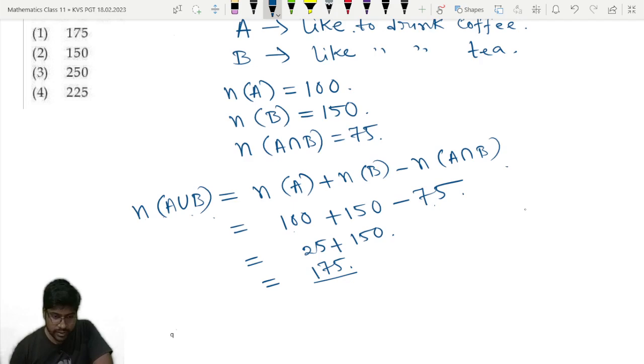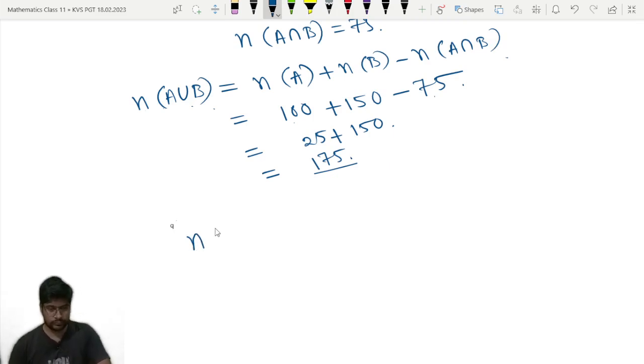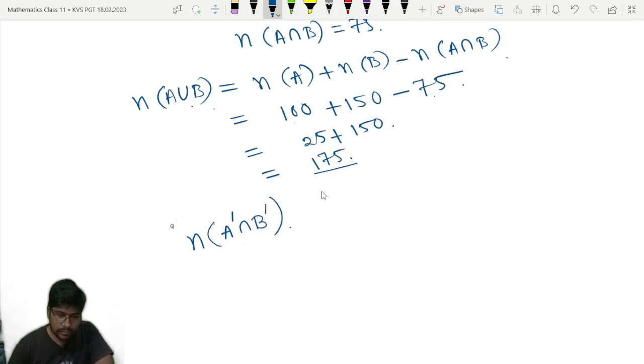That means we have to find the number of A complement intersection B complement.